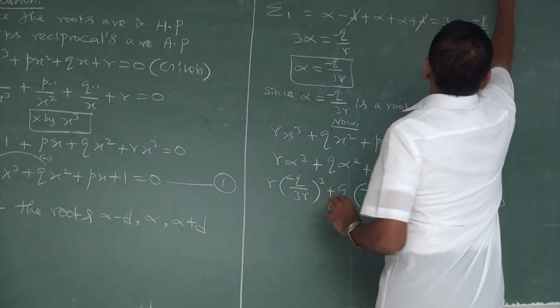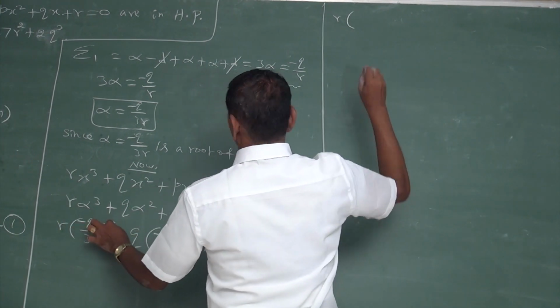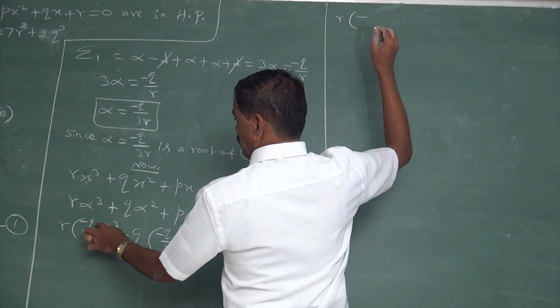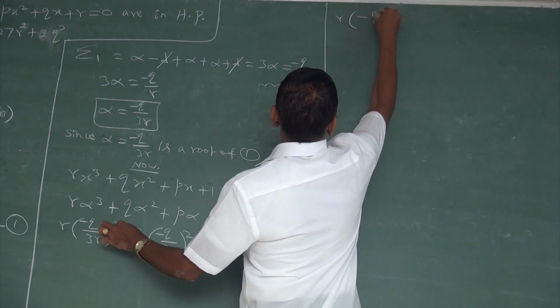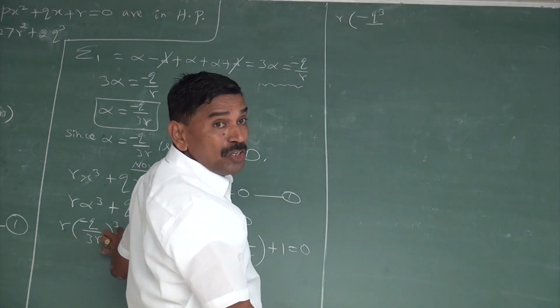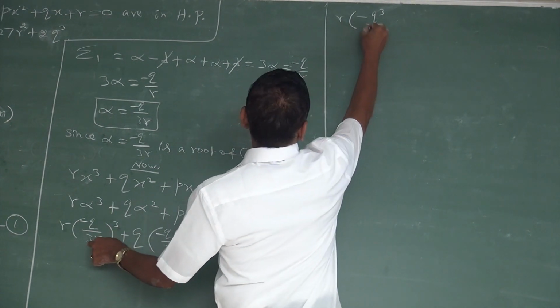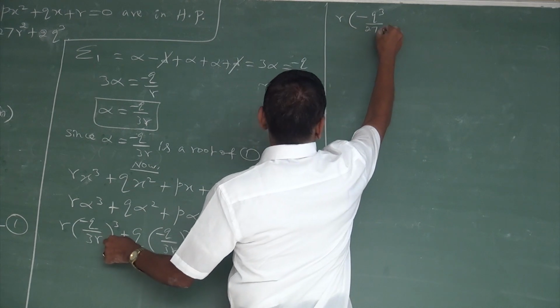Now listen. Here r into minus q the whole cube is equal to q cube divided by 3r the whole cube. Good, 27 r cube, because 3 cube is equal to 27 and r cube.